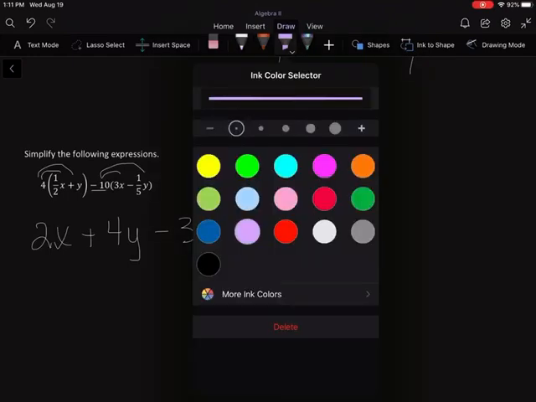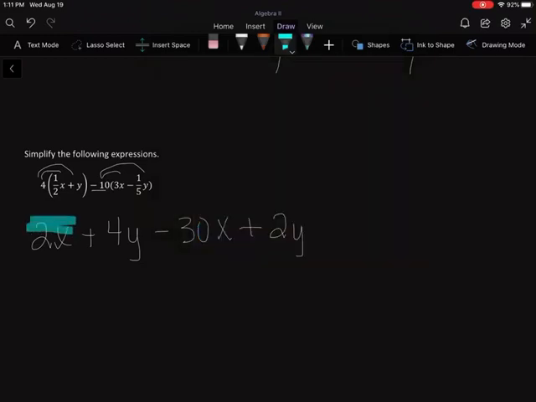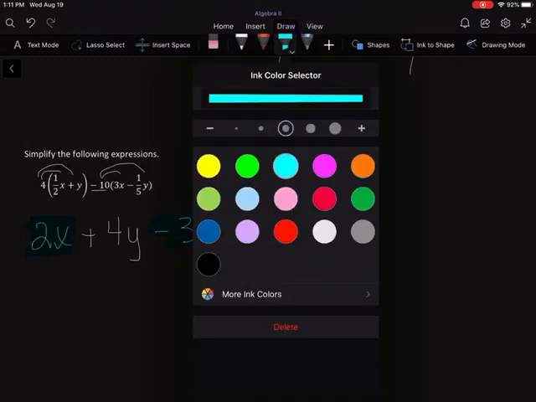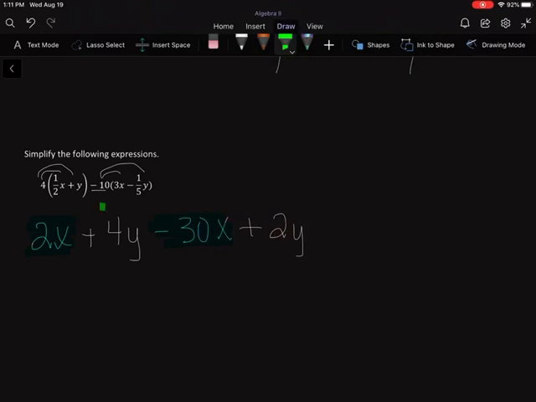Then I combine like terms. This is a like term with this guy. I really hate how it does that, but it shows up differently, I think, on OneNote on the computer. And then I have this y as a common term with this guy. So I have 2 minus 30, so that's negative 28x. And then 4y plus 2y is plus 6y. And that is it. Final answer.